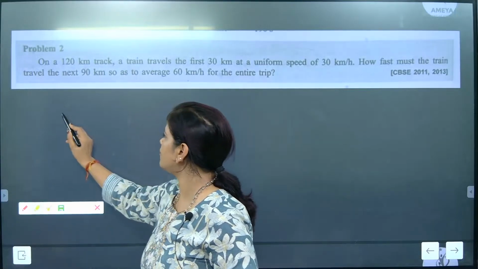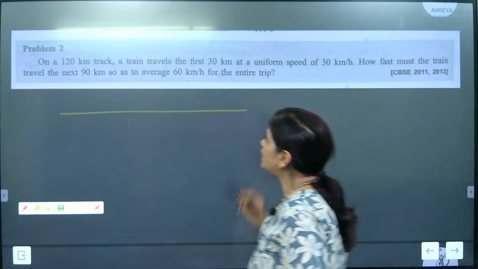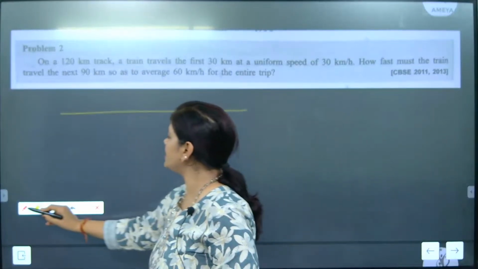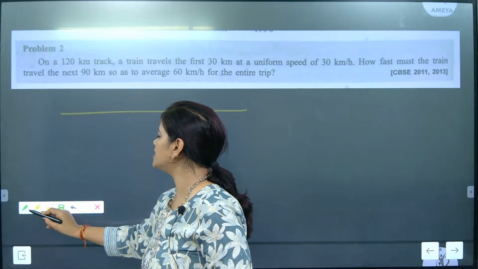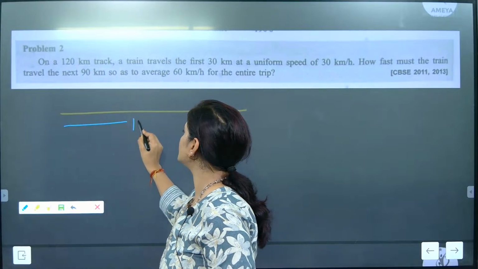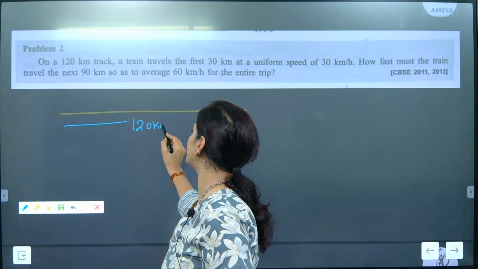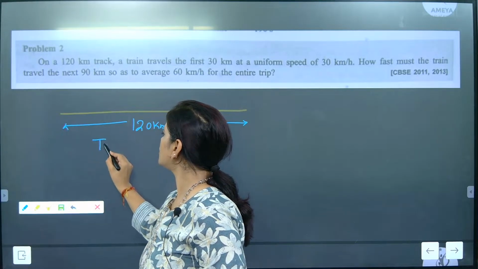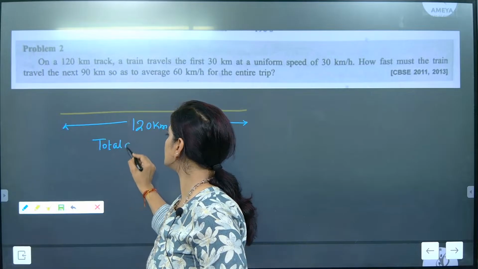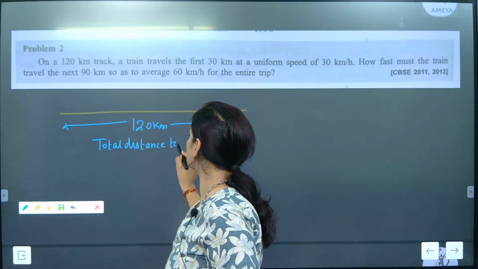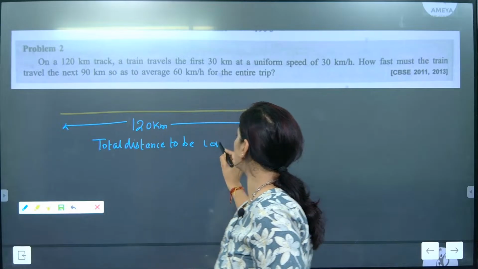The total journey is 120 kilometers. So this is a 120 kilometer journey, so the total distance to be covered.